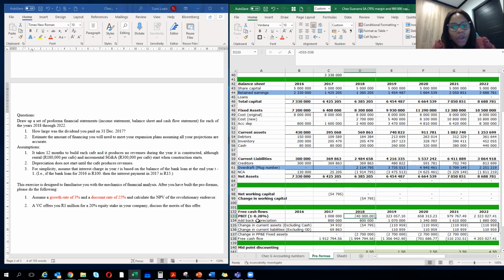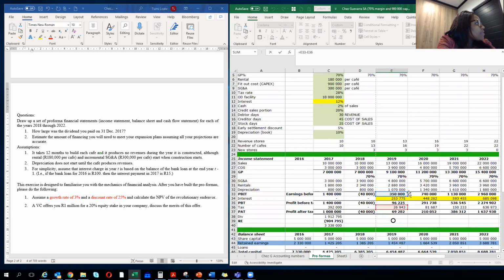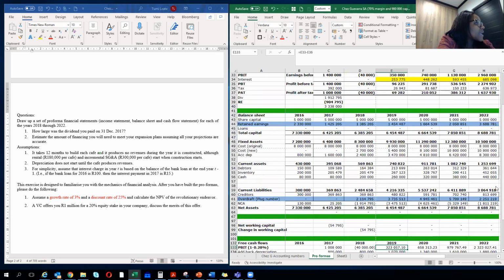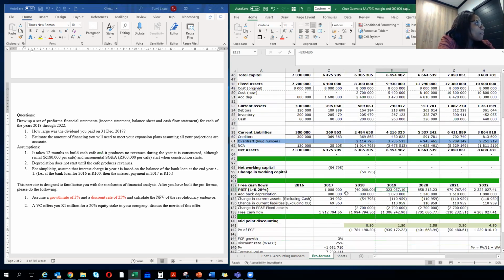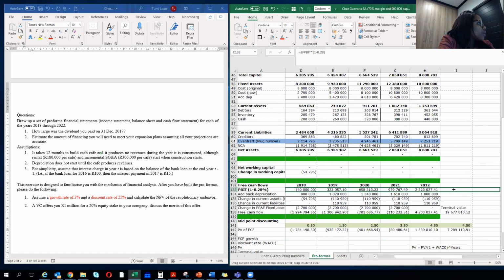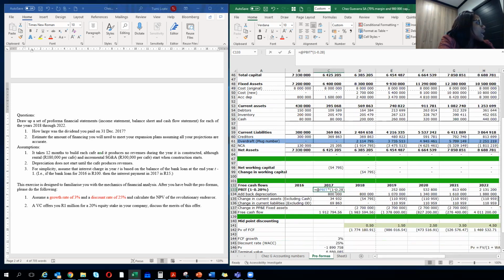What you see here is just your profit before interest and tax at each point, and then you subtract what the tax impact would be. I'm just going to update this calculation and drag it across. Each time I take the profit before interest and tax times 1 minus your tax rate.